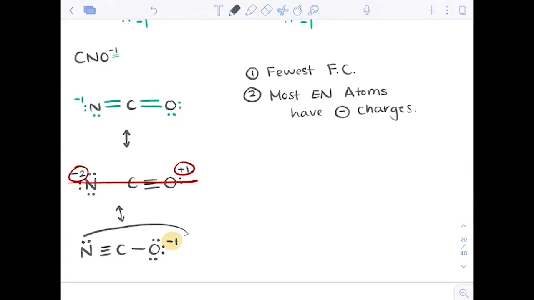So our best structure is this one, when oxygen gets that -1 charge. This one is the worst that we crossed out because of having multiple formal charges. This one is the middle. Excellent.